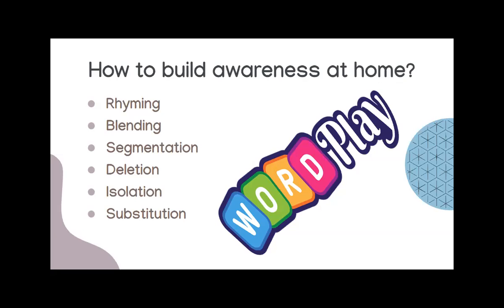So you can do words with isolation. You can say, so the word cat, what's the first sound you hear in the word cat? And hopefully they're able to tell you k. And then you can ask them, okay, what letters make the sound k? And as they learn, they will be able to understand that both K and C make the sound k.